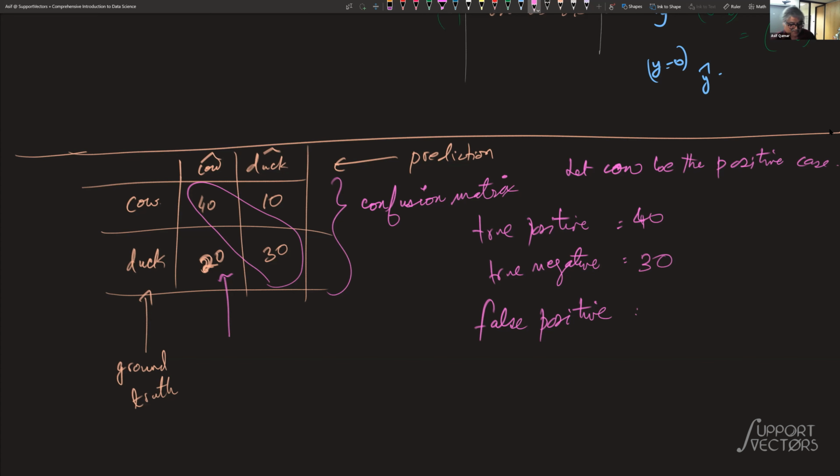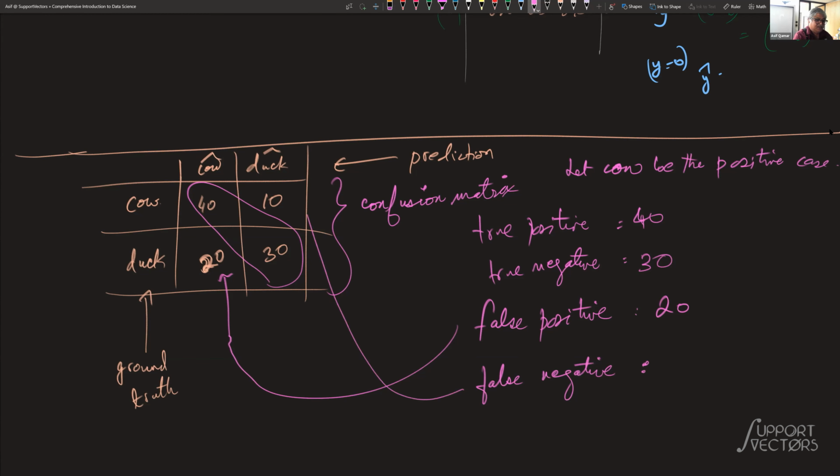That is 20. And how many are false negative? 10. It means it is a cow, but you marked it as not a cow. A true negative is here and true positive is here.